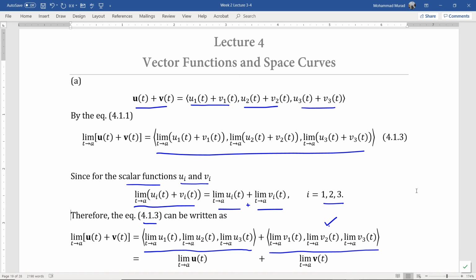So we proved the limit of the sum of two vector functions exactly equals the sum of their limits, just as in the case of real valued functions.